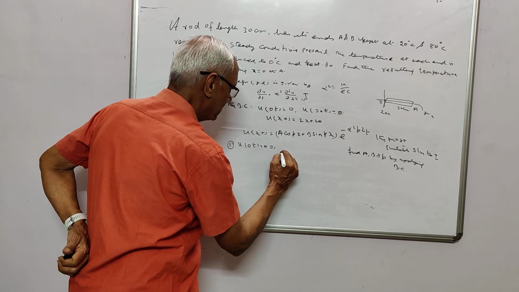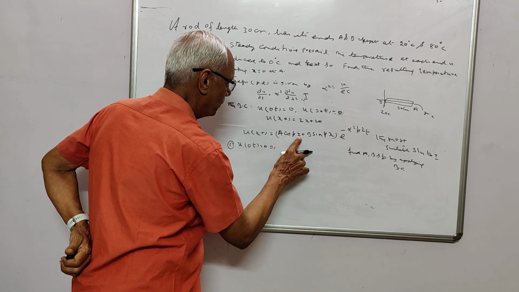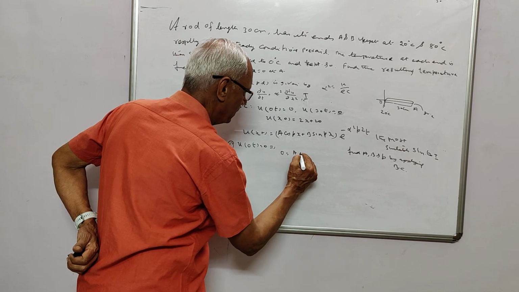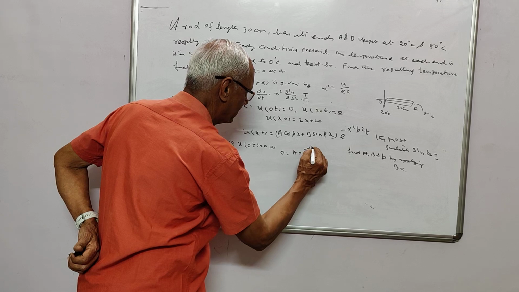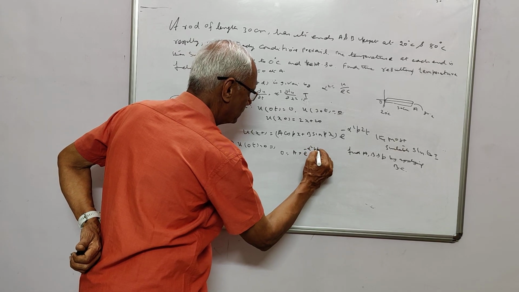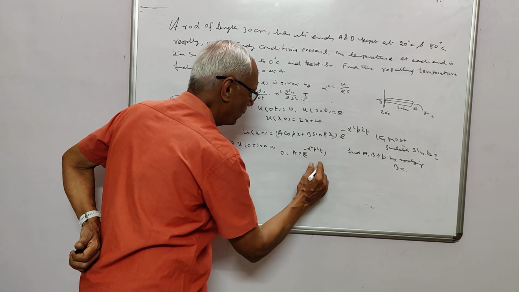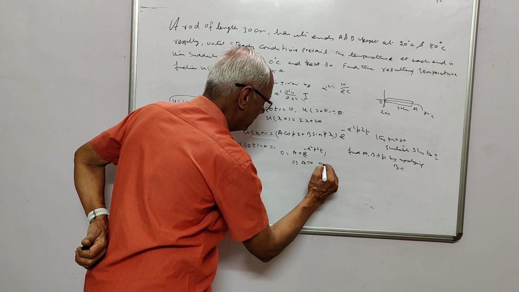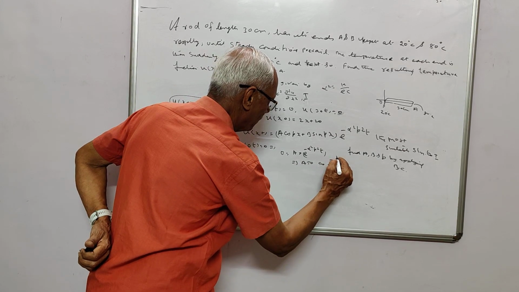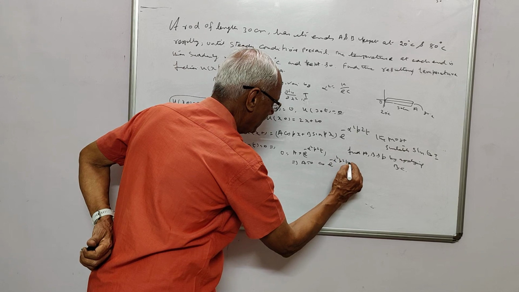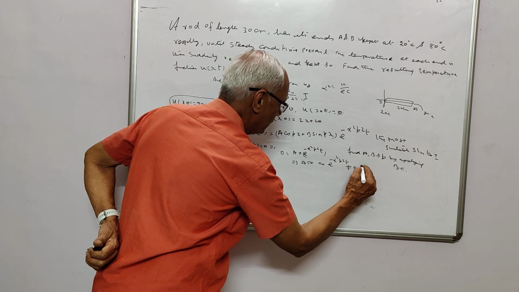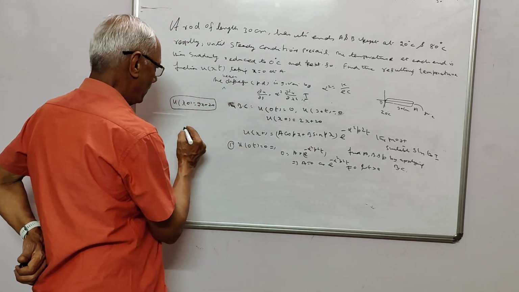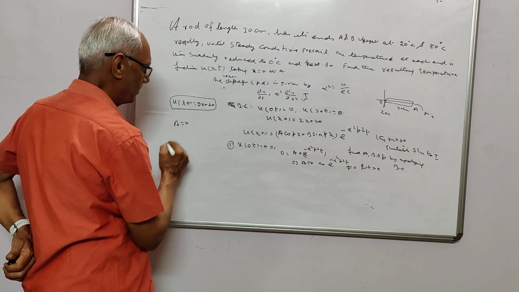This implies 0 is equal to, put x is equal to 0, cos is 1, and sin is 0, into e to the power of minus alpha squared p squared t, and this is not equal to 0. So this implies A is equal to 0, as e to the power of minus alpha squared p squared t is not equal to 0 for t greater than 0. So we have got A is equal to 0.